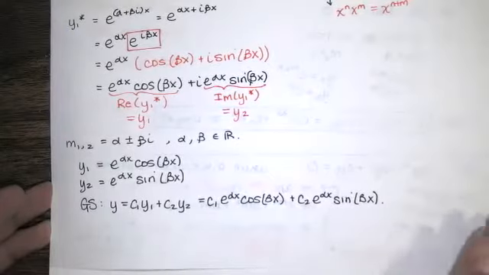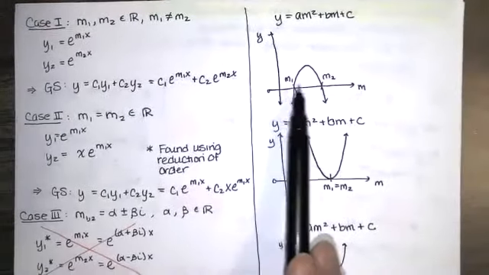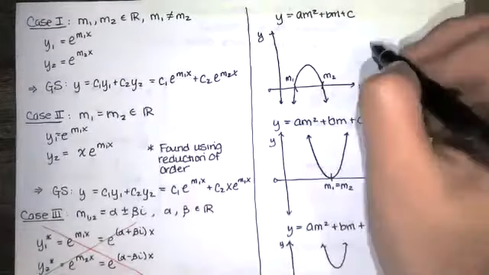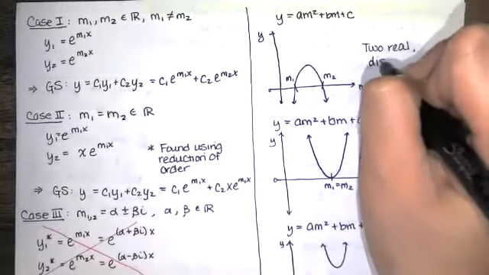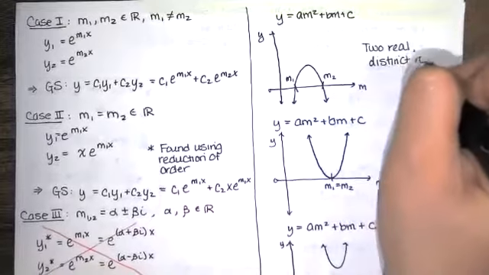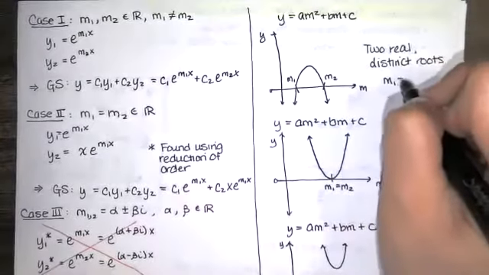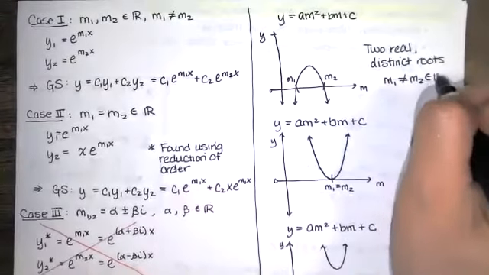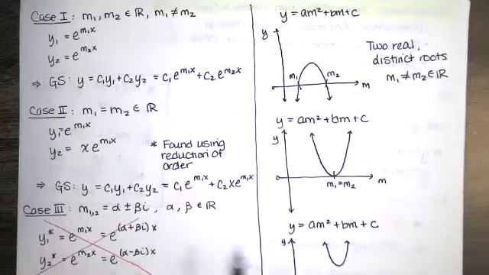Okay, I think we've covered all the cases for a second order differential equation. This is because a quadratic function either has two real distinct roots. So m1 and m2 are both real and they're not equal to each other. Then you get two solutions, e to the m1 x and e to the m2 x, easy breezy.